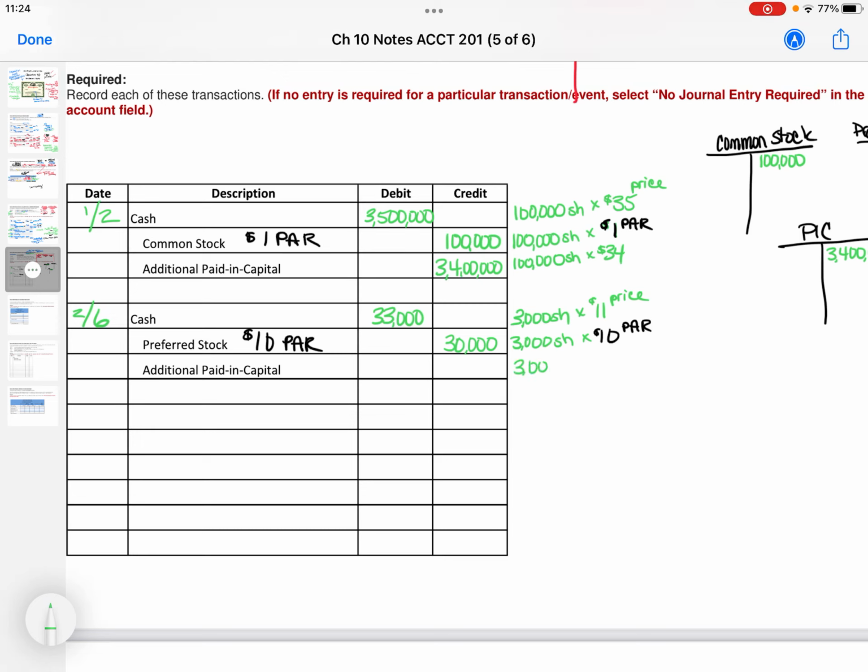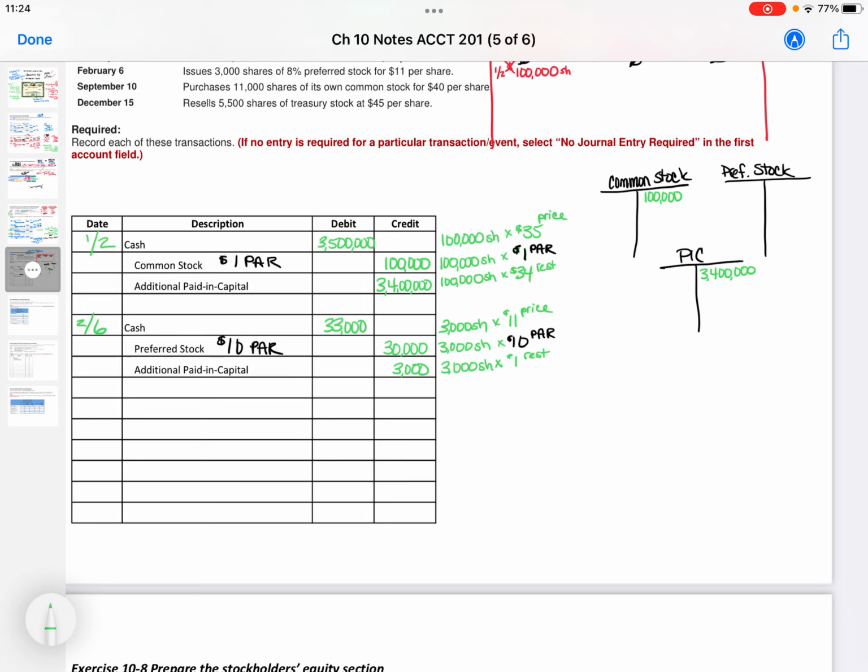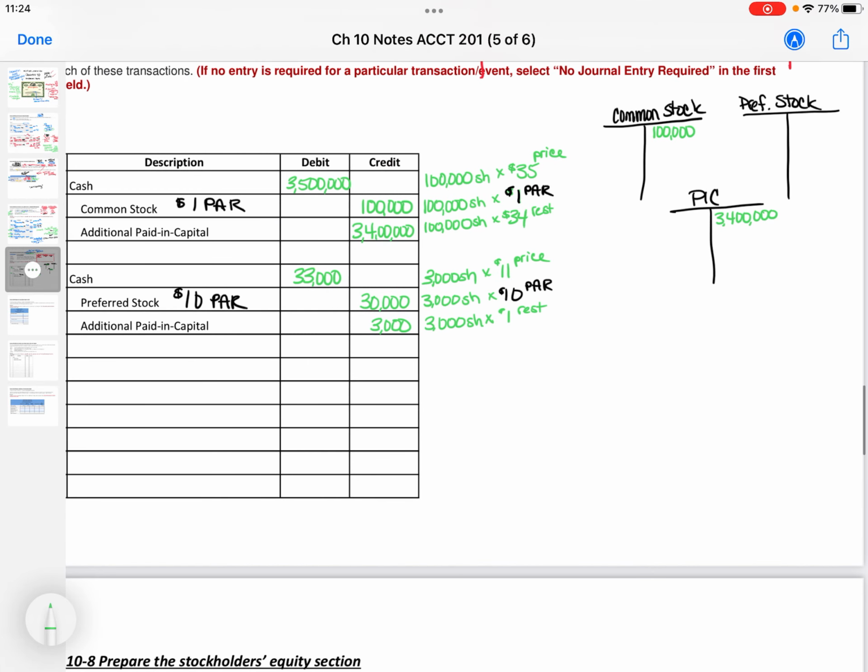And that leaves me with the 3,000 shares at $1 each, because that's the rest. So that's $3,000 for PIC, additional paid in capital. All right, let me put these over here in my accounts. So for preferred stock, it's $30,000. For PIC, it's $3,000.